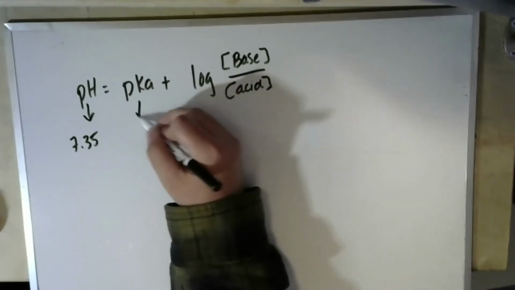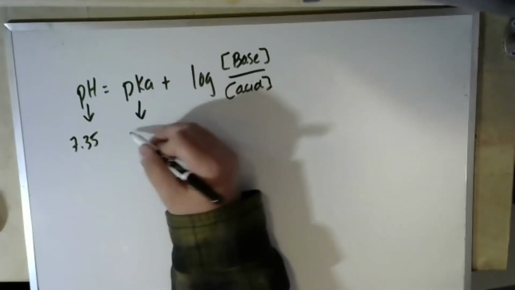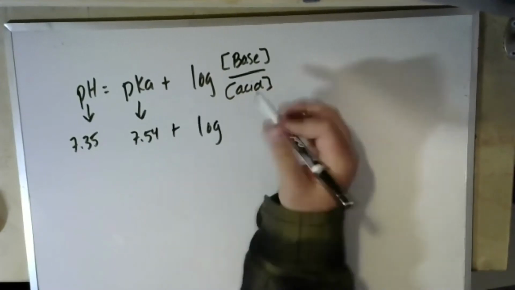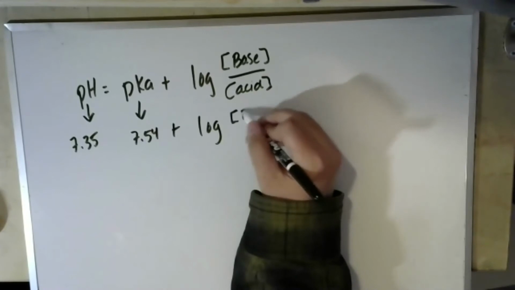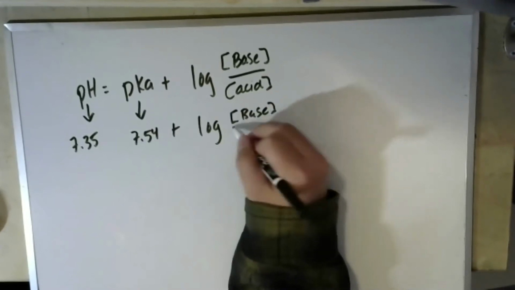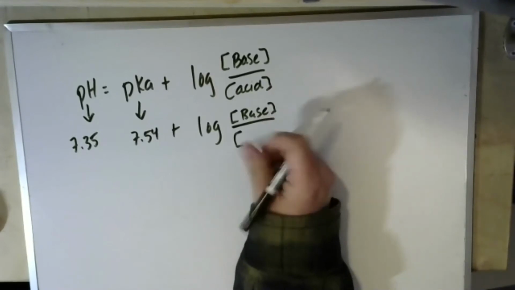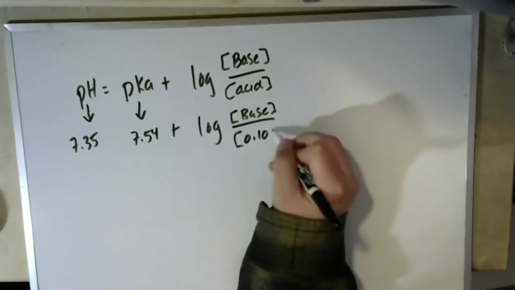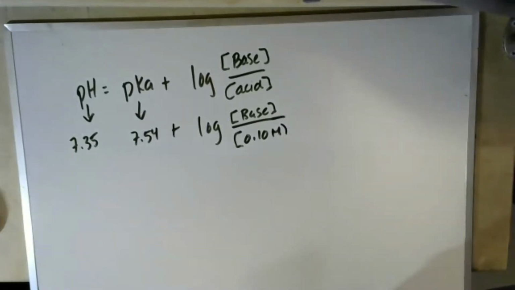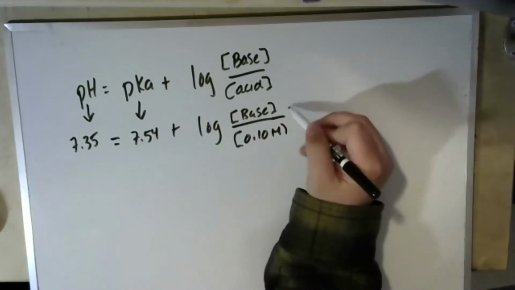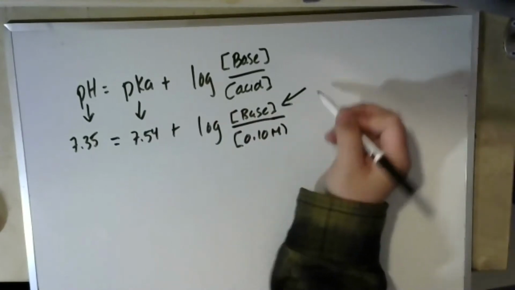We know that the pKa of the hypochlorous acid is 7.54. And we know that the concentration of the weak acid component is 0.10. All right, so we can solve this equation and we can find the concentration of the base.